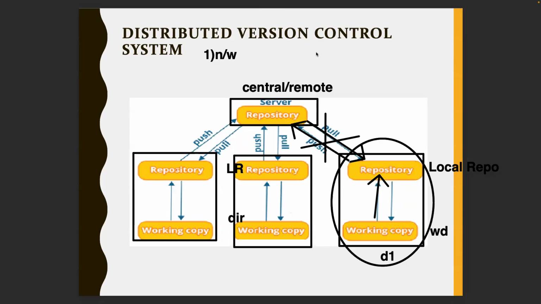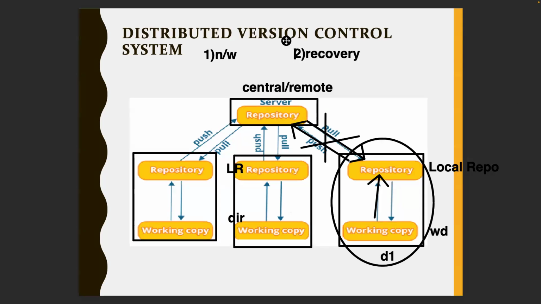So though network connectivity is not there, work can still be continued. And since the majority of the time you work on local, and once everything is done you push or pull, it is also faster. Git is faster when compared with other version control systems. Another thing is that chances of recovery are higher.